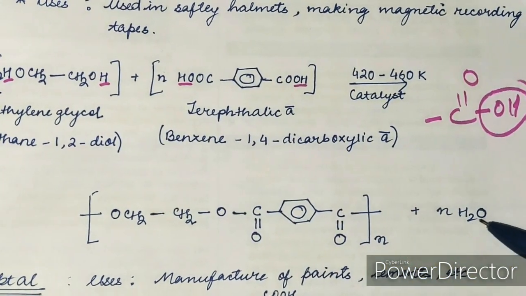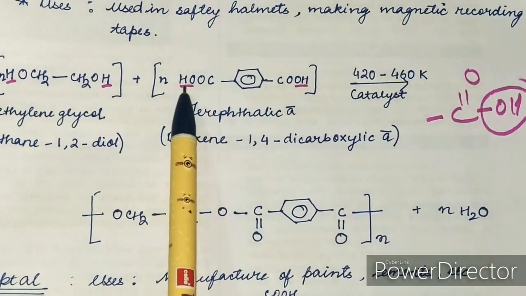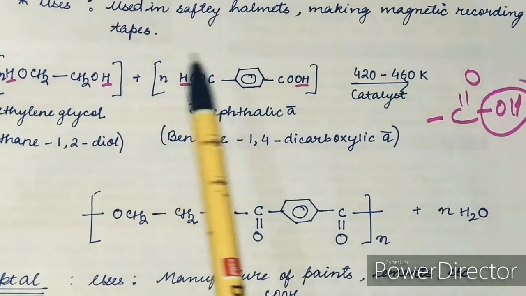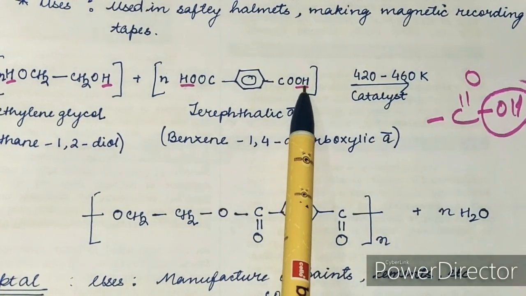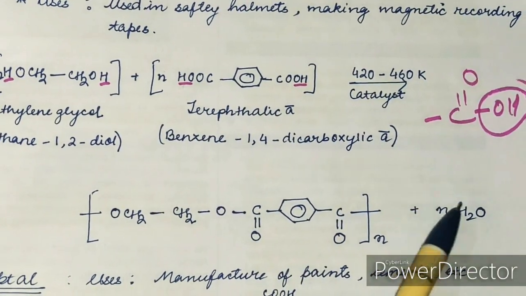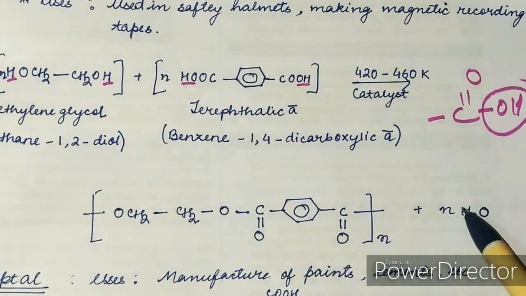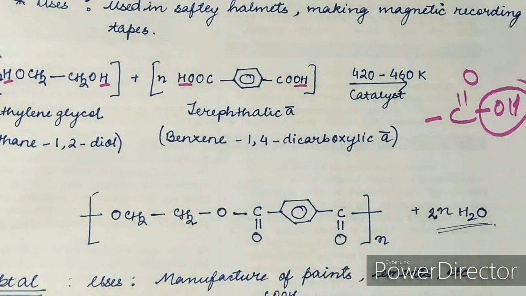n number of water molecules. You can see here one hydrogen and one OH, so one water molecule, again one hydrogen and one OH, so again H2O. Water molecule is released here. Here twice n water molecules are actually released.